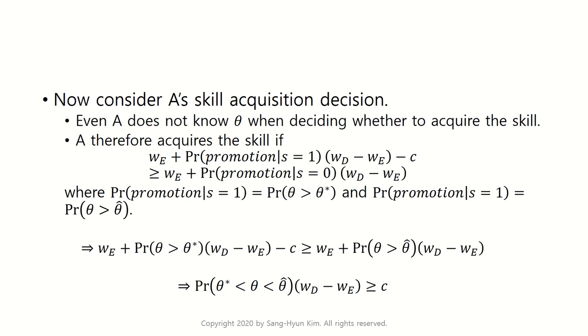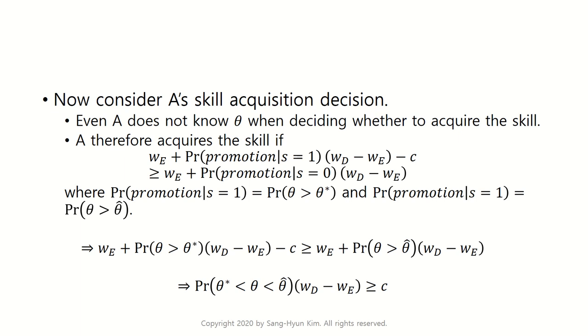So on the left hand side, we have the expected utility when the agent makes an investment, and on the right hand side, we have the expected utility when the agent does not make the investment.